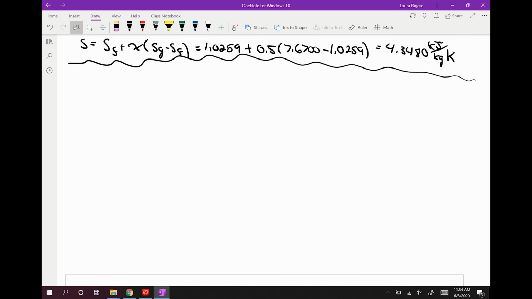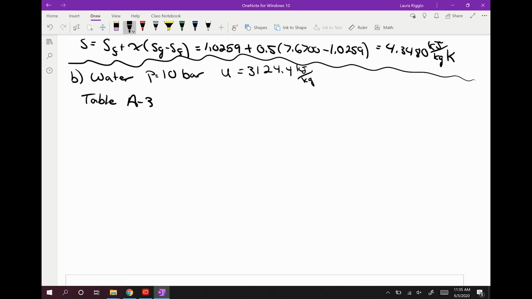In the next one, we have water again. My pressure is 10 bar. I'm given an internal energy of 3,124.4. So again, I'm going to go to table A3. I want to compare my value to uf and ug.